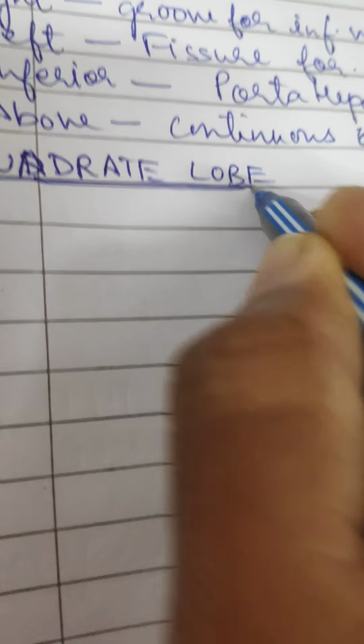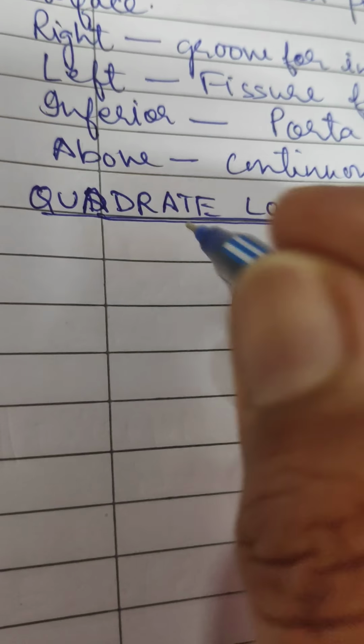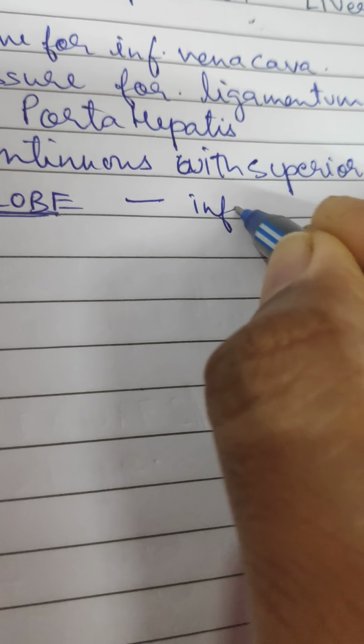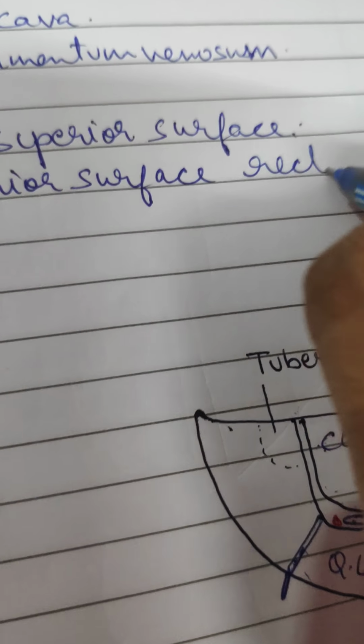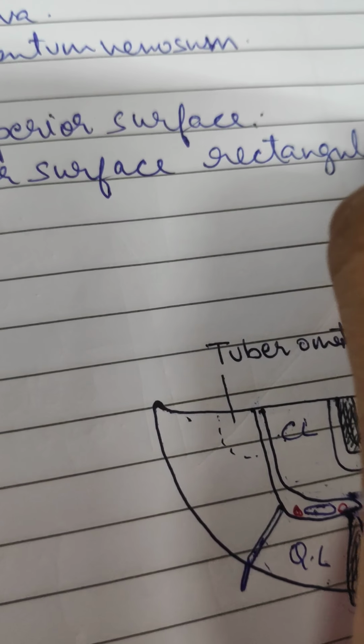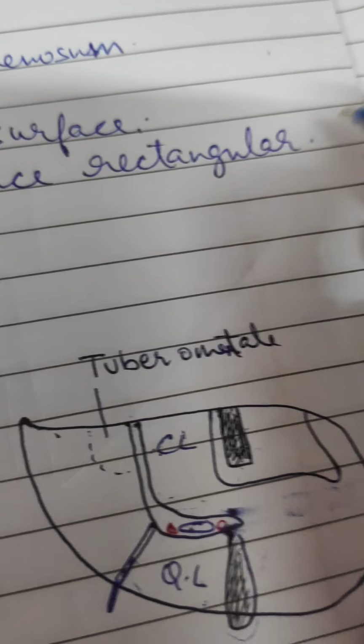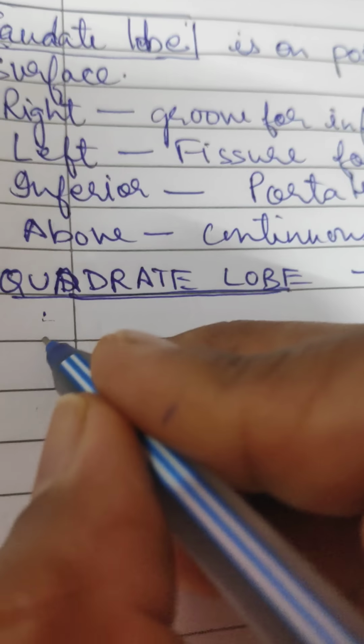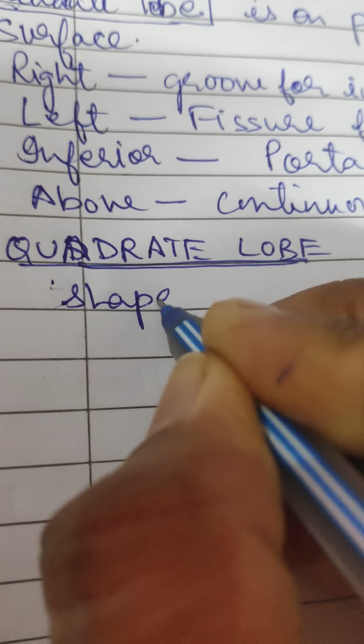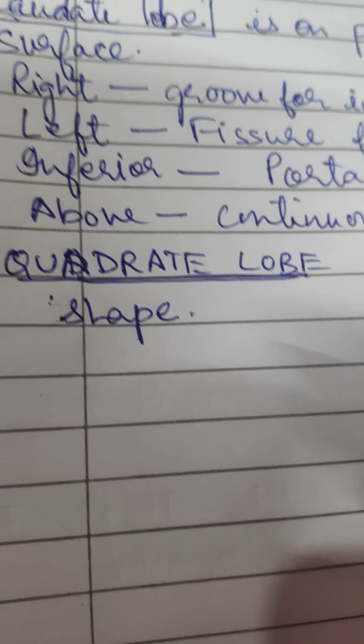Now quadrate lobe. If we see quadrate lobe, this is situated on the inferior surface and it is somewhat rectangular in shape, right?